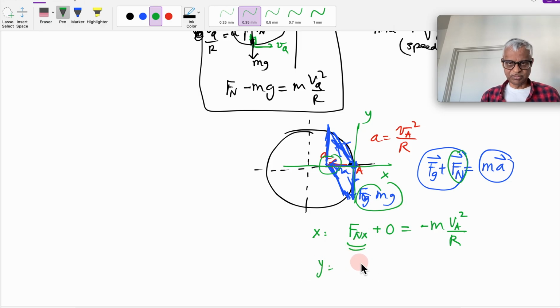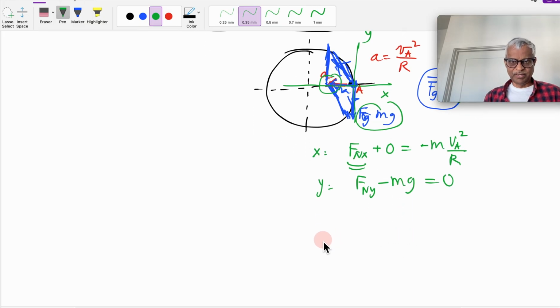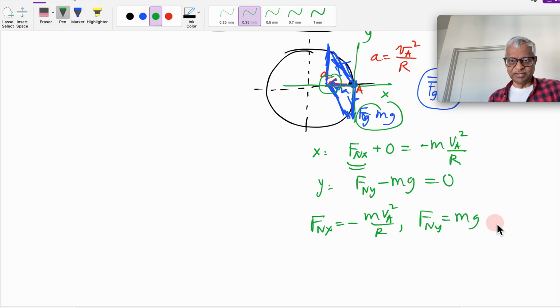In the y direction, we're going to have Fny minus mg, but the acceleration is 0. So this gives me the y direction force. So Fnx is minus m va squared over r, and Fny equals mg.